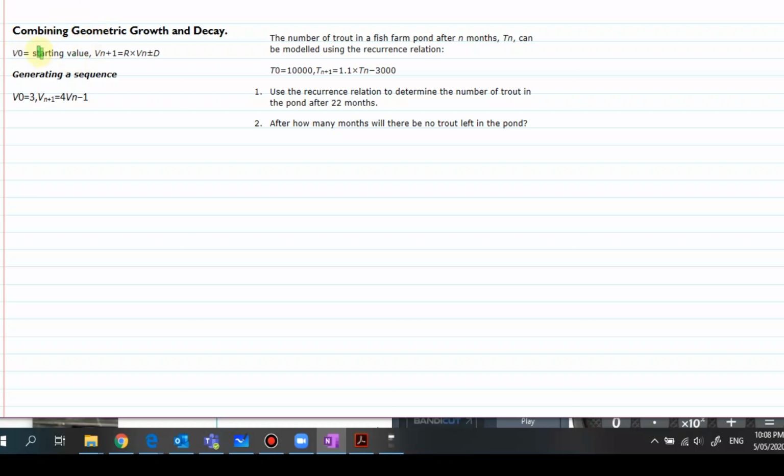So V0, we should be getting familiar with, that's our starting value. Vn plus 1 is how we build our recurrence relation: R, the rate of increase or decrease, growth or decay, times Vn, whatever your value was, plus or minus D, the common difference.